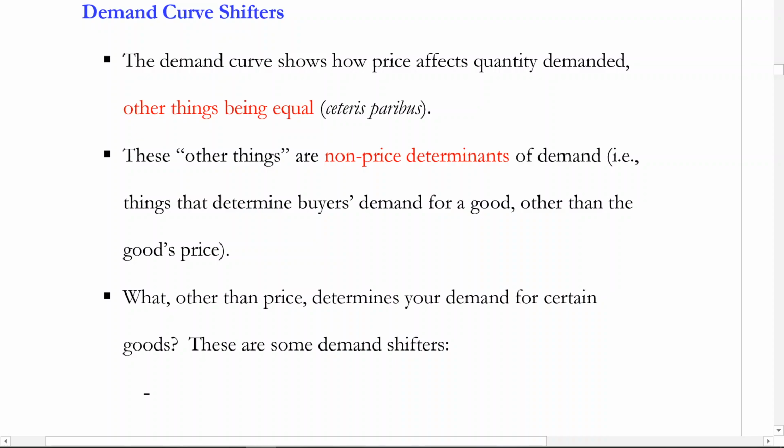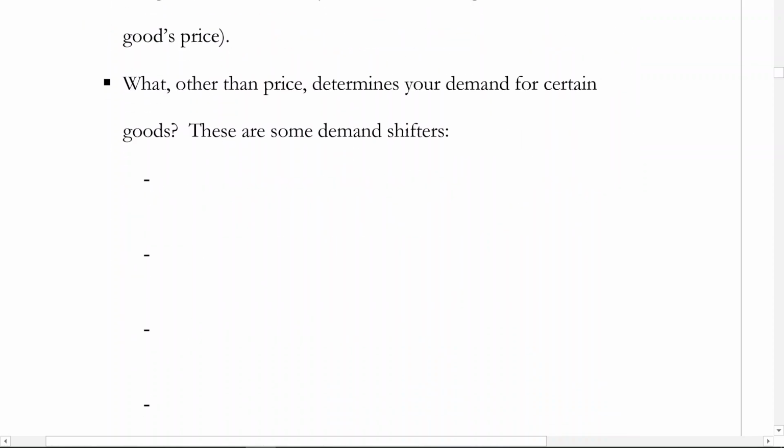So maybe pause for a second and think about what affects your demand for coffee, or your demand for computers or cars, or whatever it might be, your demand for education. And so we're going to go through those, but think about those for a second. So the first one we're going to talk about is the number of buyers.